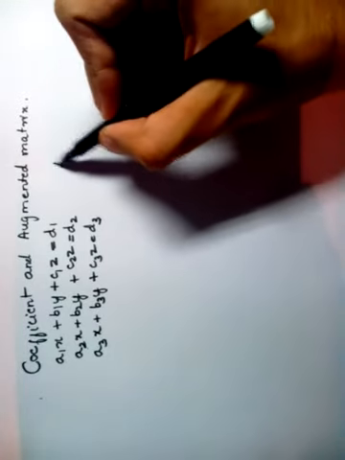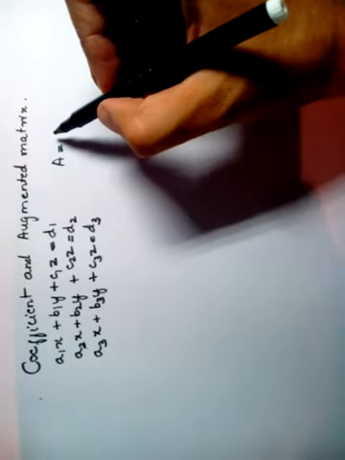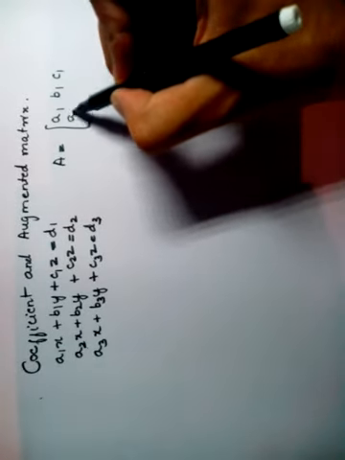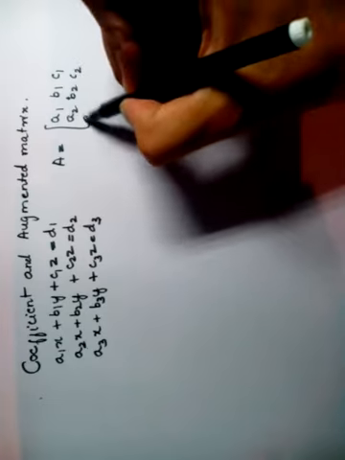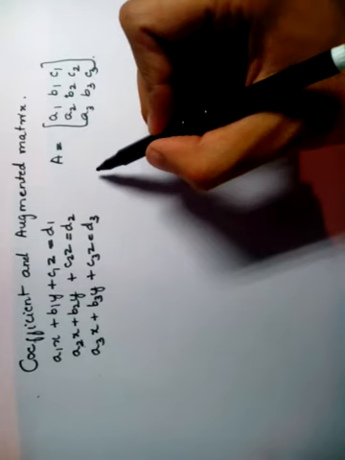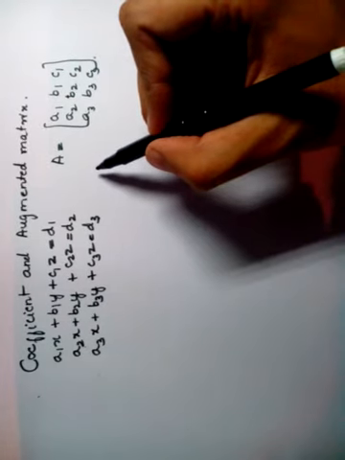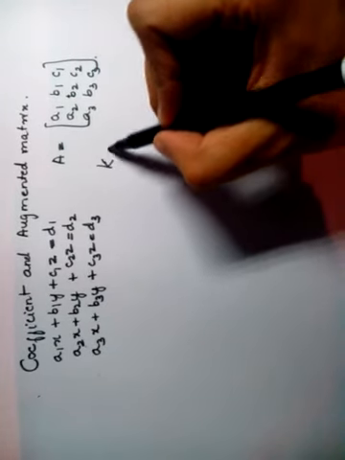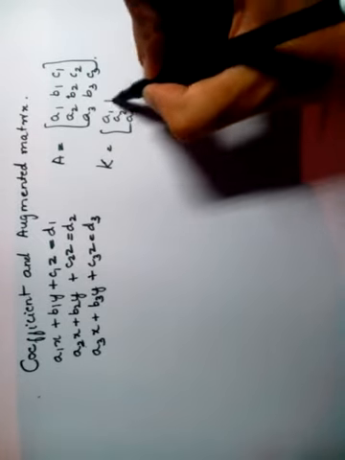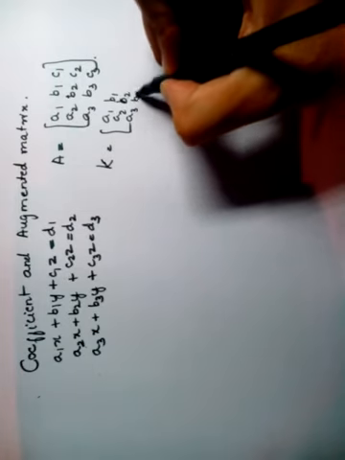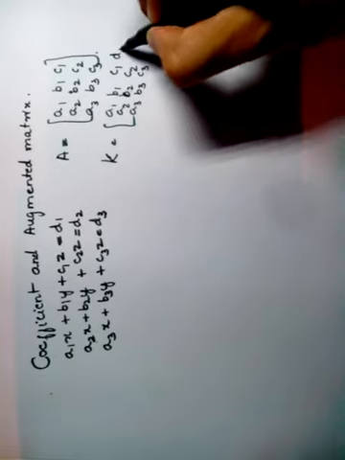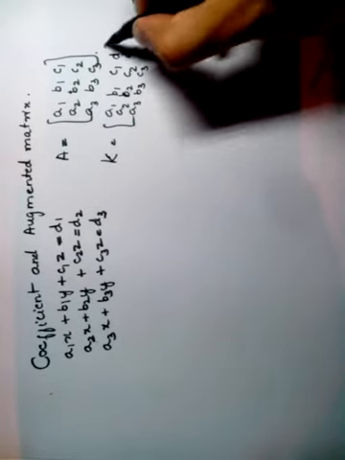So if a matrix A is consisting of the coefficients a1 b1 c1, a2 b2 c2, a3 b3 c3, then the augmented matrix K is equal to a1 a2 a3, b1 b2 b3, c1 c2 c3, also d1 d2 d3.